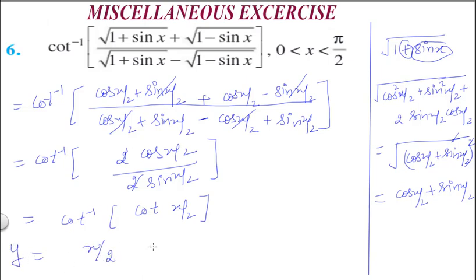So we have y equal to x by 2. So this implies dy by dx will be equal to 1 by 2 as it is. Differentiation of x is 1. So we will just have the answer as half for the question. Clear? So you need to think carefully what is to be applied to make it much simpler. Right? Rationalization could also have been done.